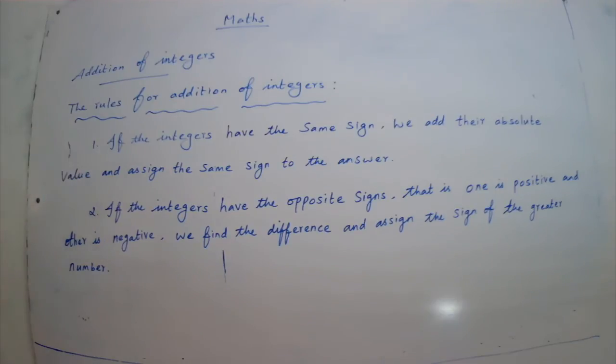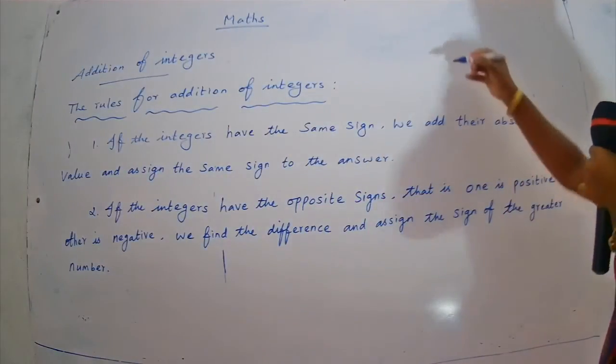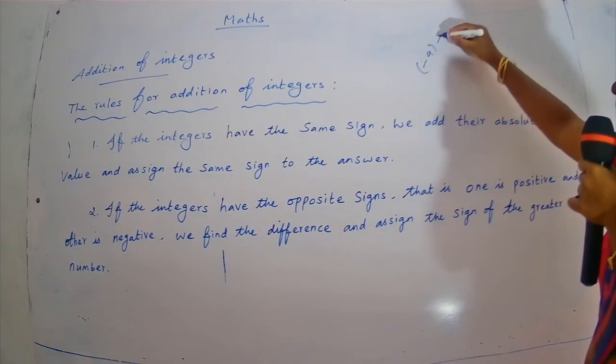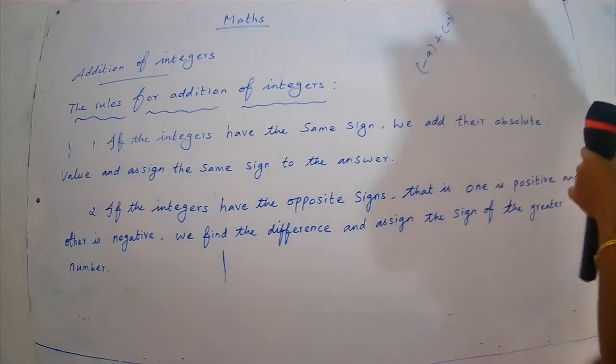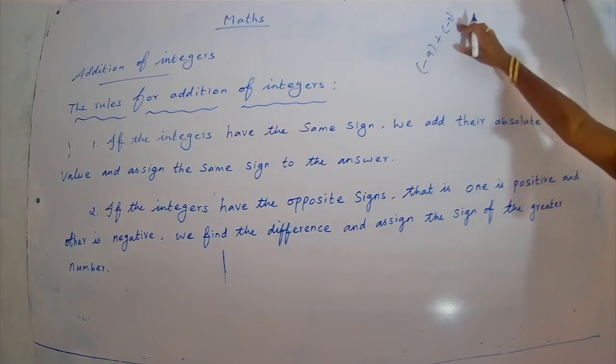First one is, if the integers have the same sign, we add the absolute value and assign the same sign to the answer. For example, you take two integers, minus 9 and minus 7. Now we have to add minus 9 plus minus 7.